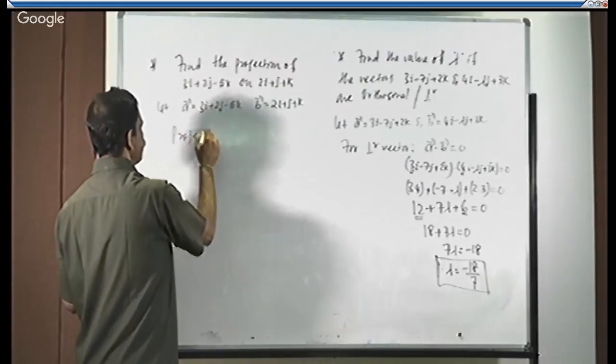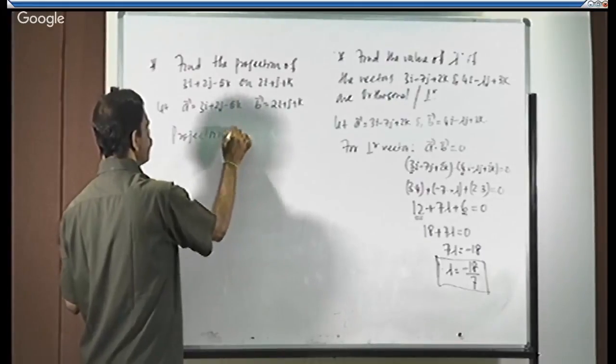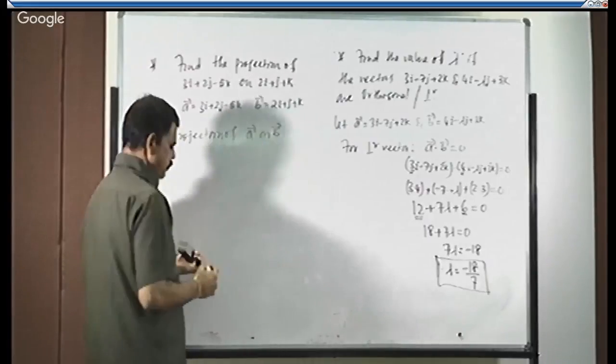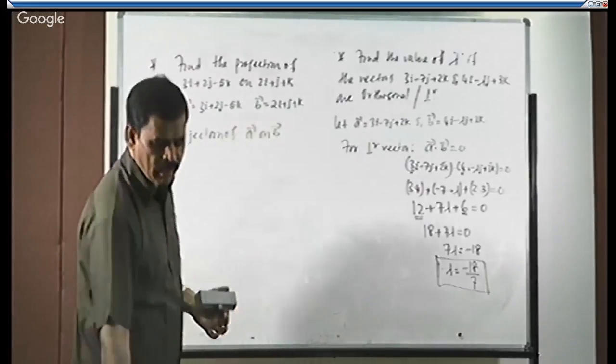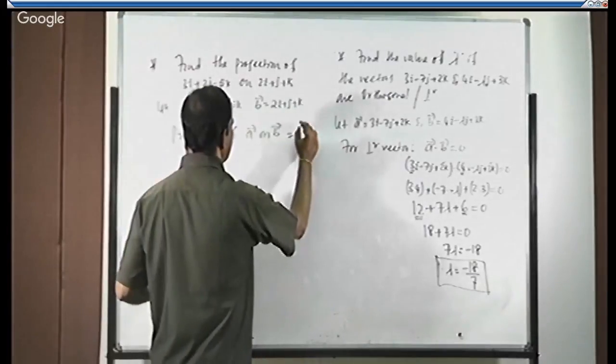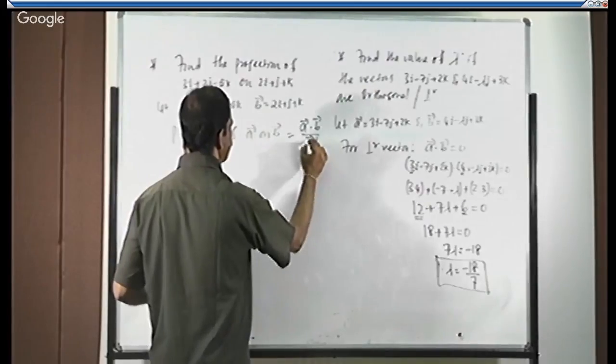First write the formula. Projection of A on B is equal to A dot B divided by magnitude of B.